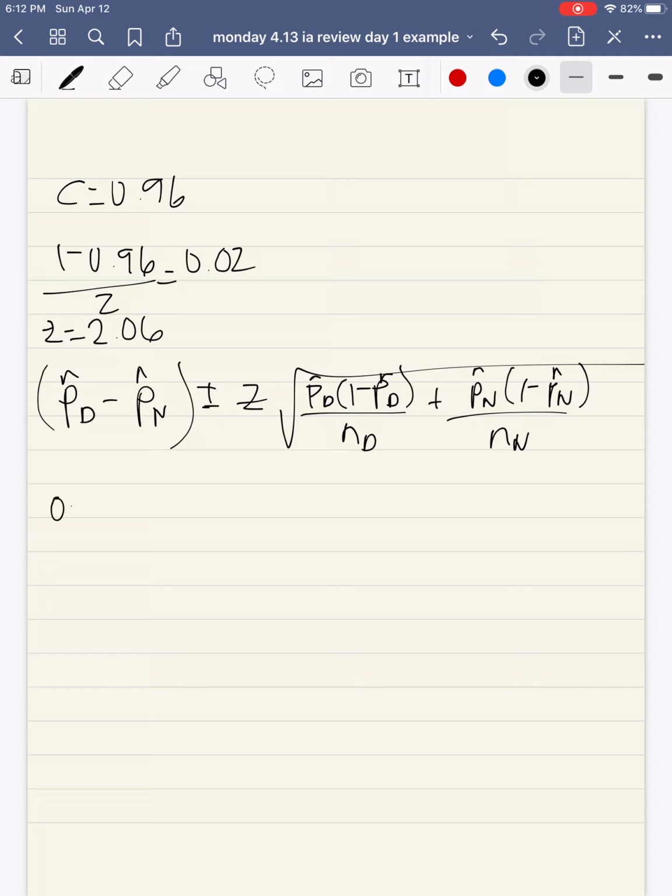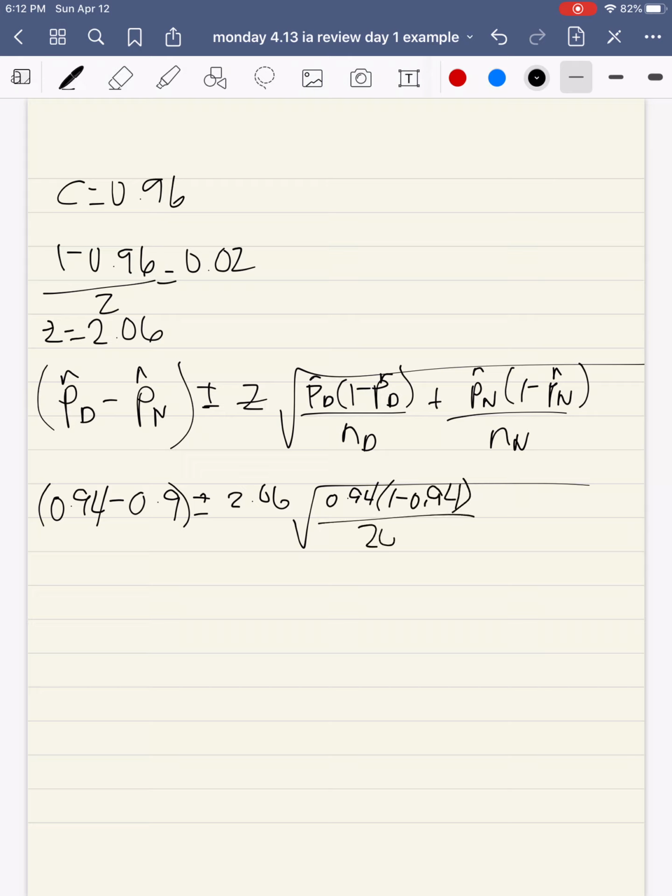This was 0.94 minus 0.9 plus or minus 2.06 times the square root of 0.94 times 1 minus 0.94 over 200, plus 0.9 times 1 minus 0.9 over 200.